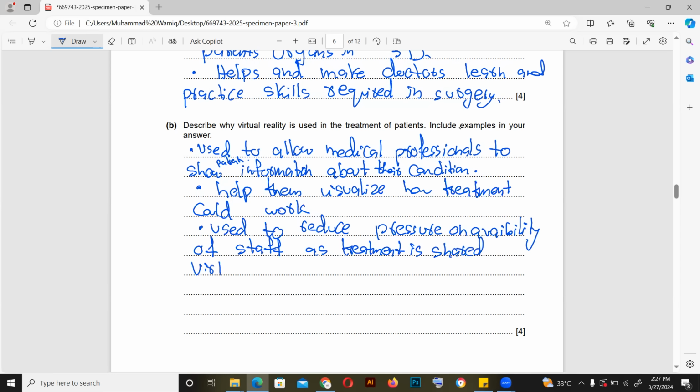Means you don't need to just go into the hospital, the treatment can be shared virtually as well. 1, 2, 3, 4.